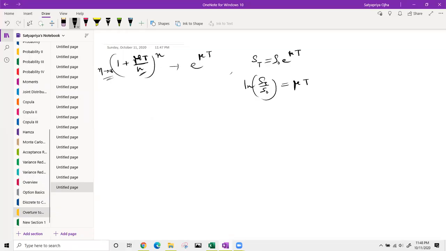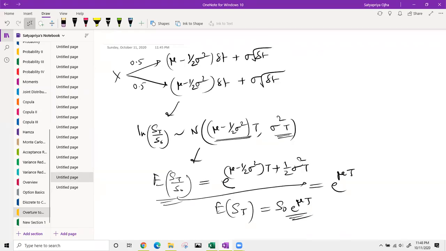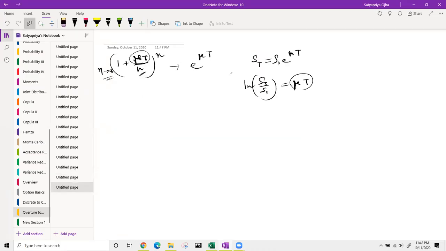So in this fashion, the simple return and the log return are matching. And they will match as long as there is no volatility. So all this adjustment is coming because of sigma square, correct? If there is no sigma square, this would have been fine. In both cases, you will get mu t, okay?